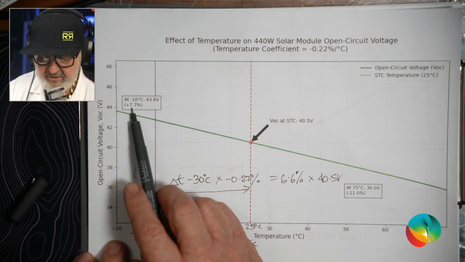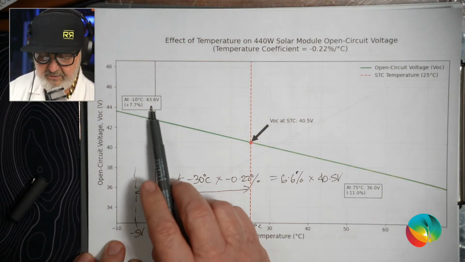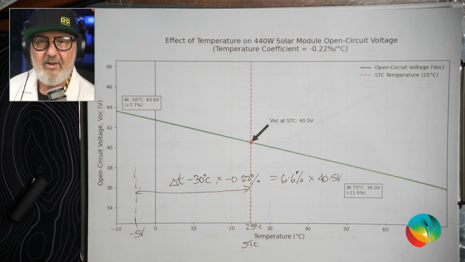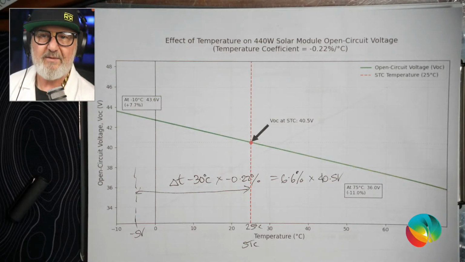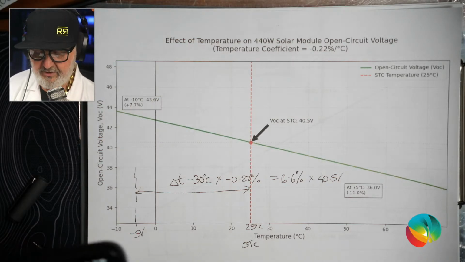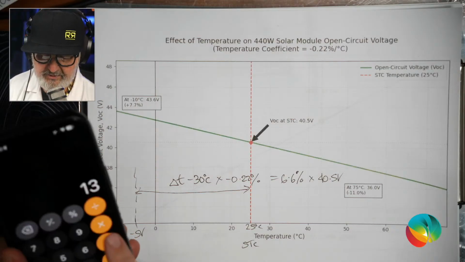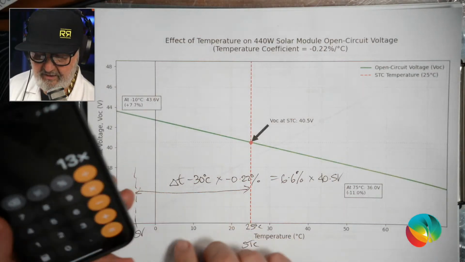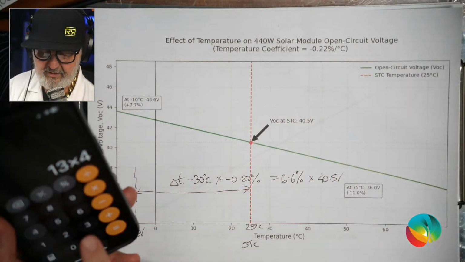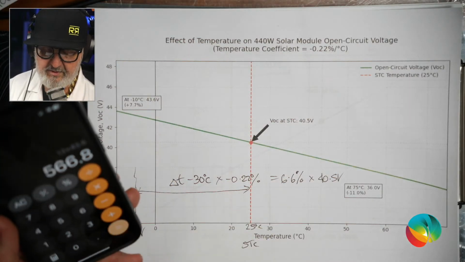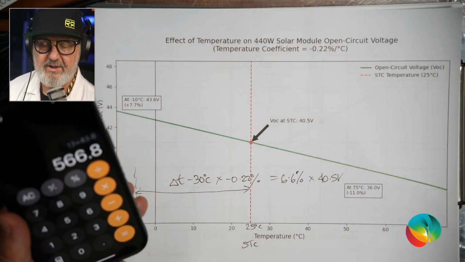So in this case, I think I calculated it for minus 10. So it went up to 43.6 volts. Remember, this is one panel, and you might have 12 of them altogether. So let's go for 13 panels, and at minus 10, they go up to 43.6 volts each, and I'm up to 566 volts.